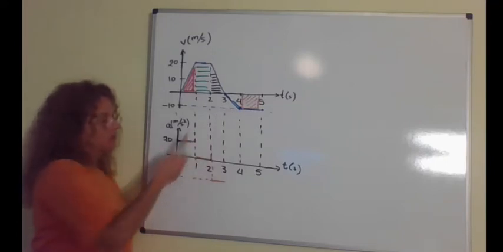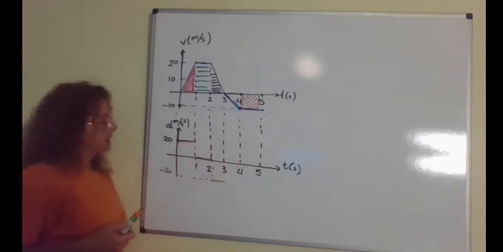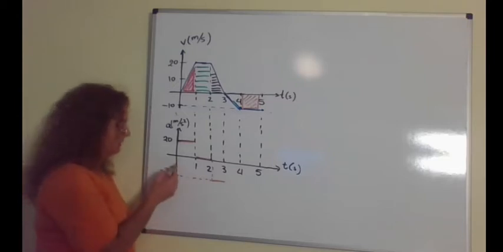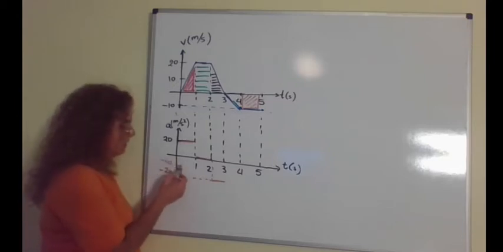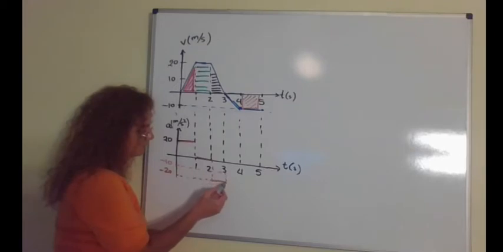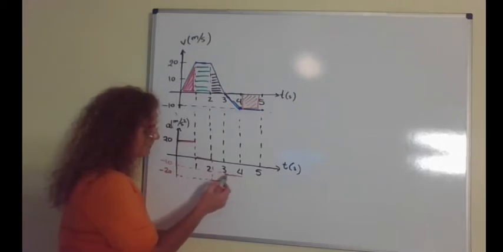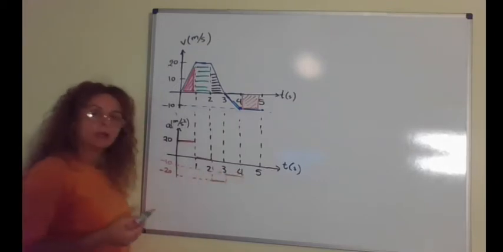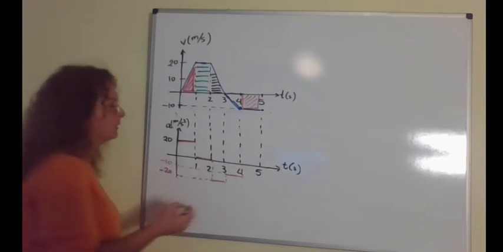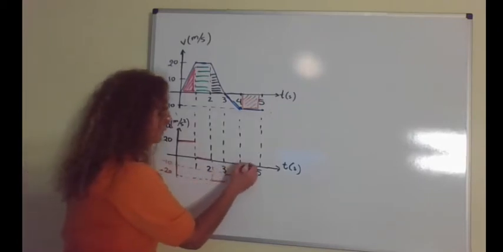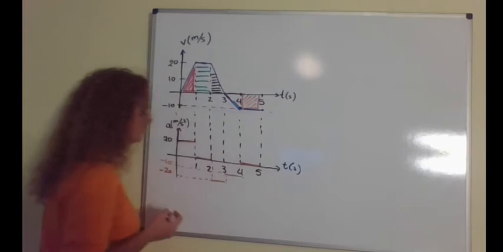So, rise over run, the acceleration is now negative 10. And in the last second, the slope becomes 0 again, meaning the velocity stays constant.